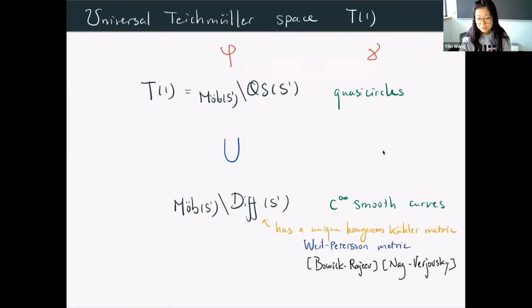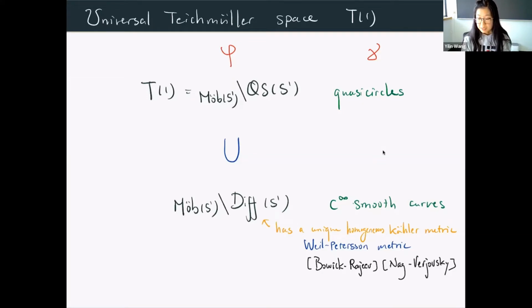And string theorists already in the 80s, like Bowick and Rajeev and later Kirillov and Yuriev, have been looking at some Kähler structure on this space, and also Witten, who said that there is a very natural complex structure for which there's a unique homogeneous Kähler metric.